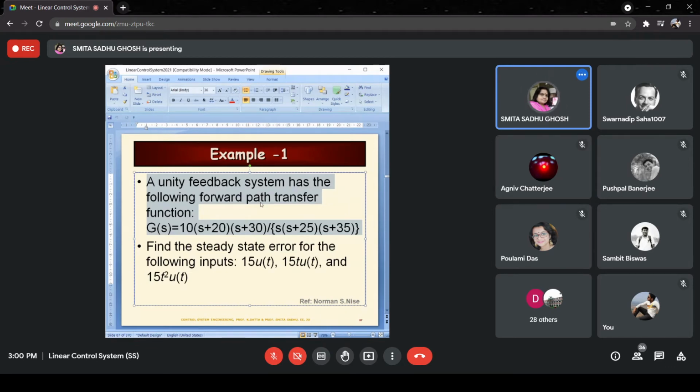Find the steady state error for the following inputs. The first is 15 u(t), the second is 15 t u(t), and the third is 15 t square u(t). This u(t) is representing what? You're familiar with this notation, isn't it? Signals and systems you must have studied.